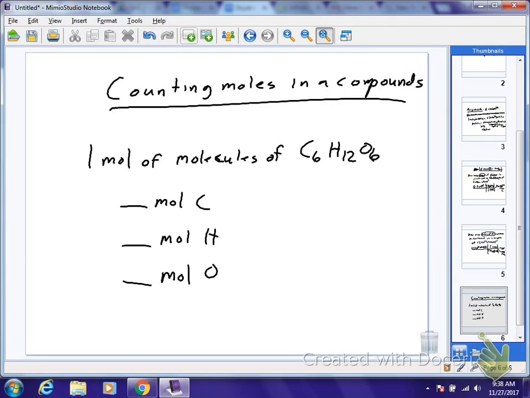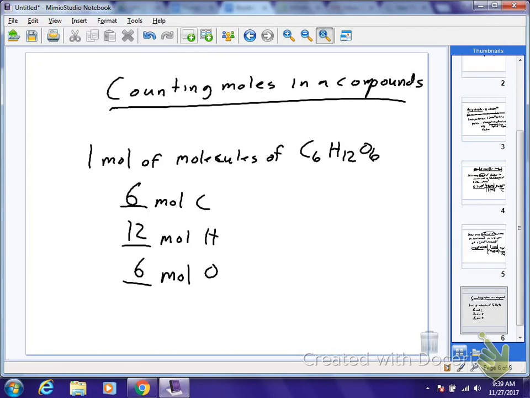If I have a V8 engine and I have a car, how many spark plugs do I have in that car? 8. Makes sense? So, if I have 1 mole of molecules, how many carbons do I have? 6. How many hydrogens? 12. How many oxygens? 6.